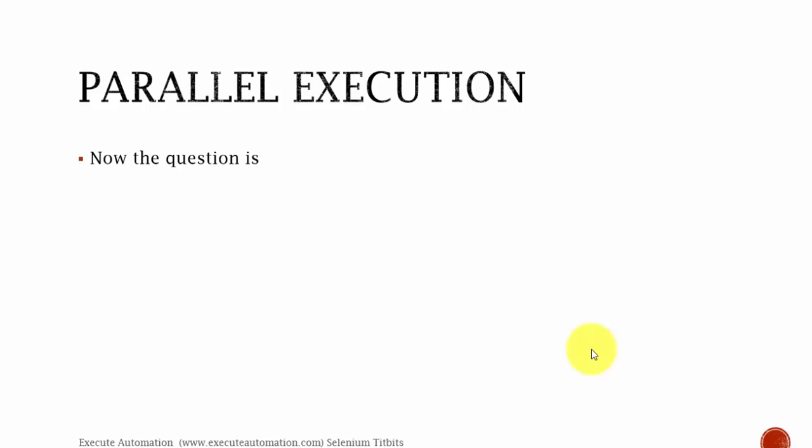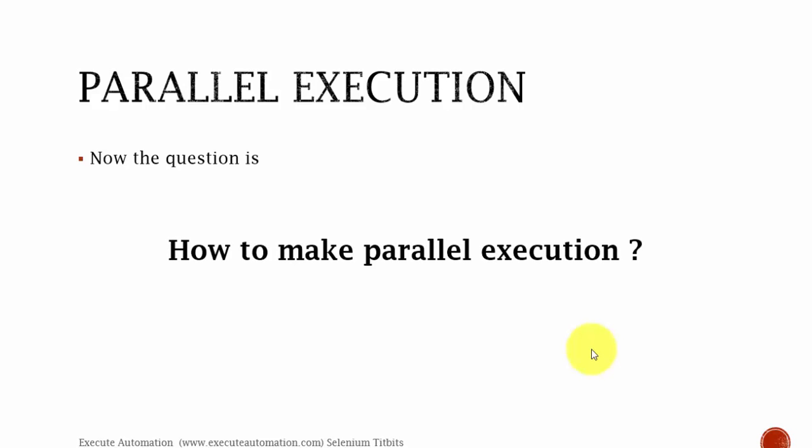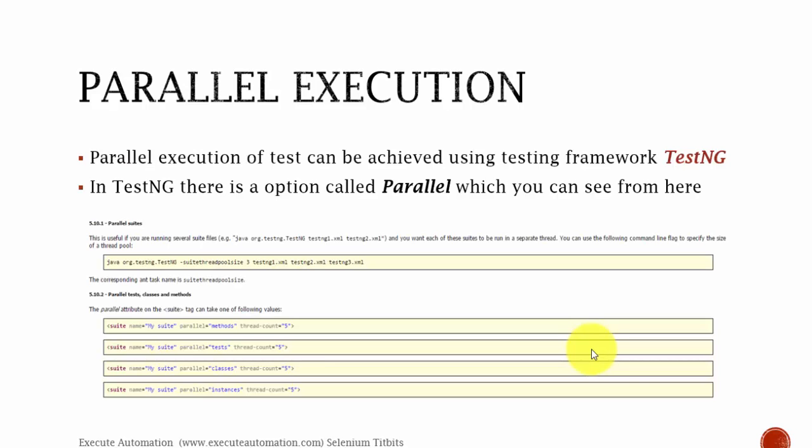So, parallel execution. Now the question is how to make parallel execution happen. Is this something that comes out of the box with Selenium Grid? Of course, yes, but we also need parallel execution to be achieved using a testing framework, which is TestNG. In TestNG, there is an option called parallel.